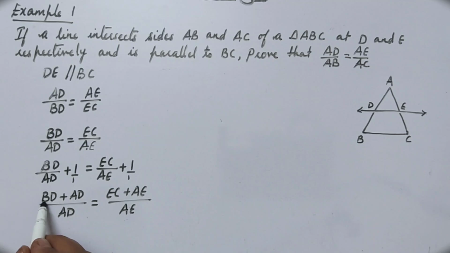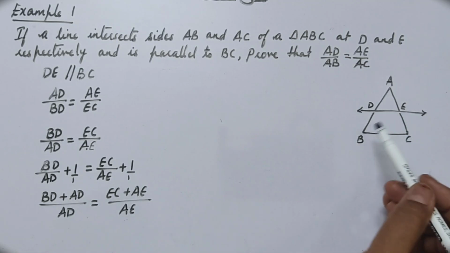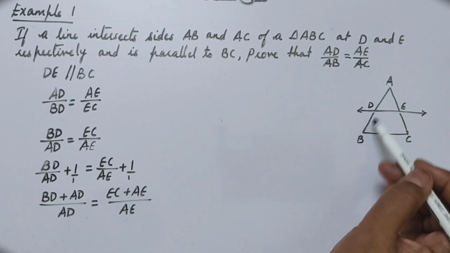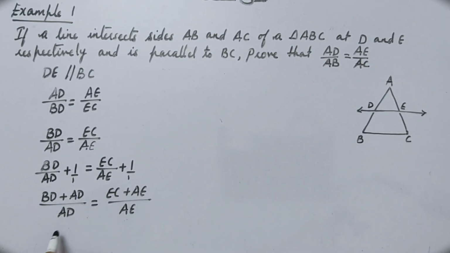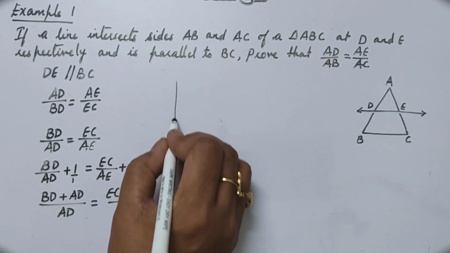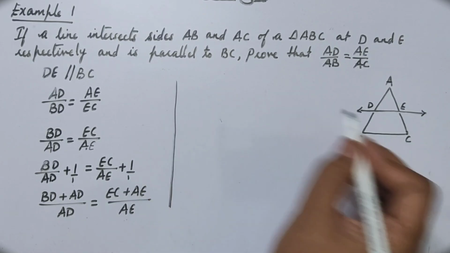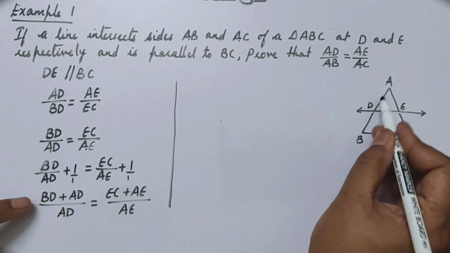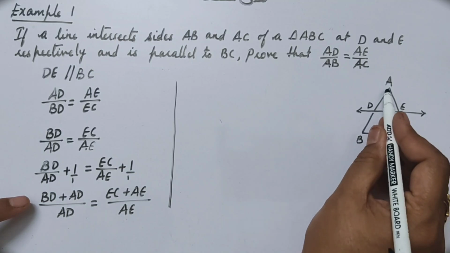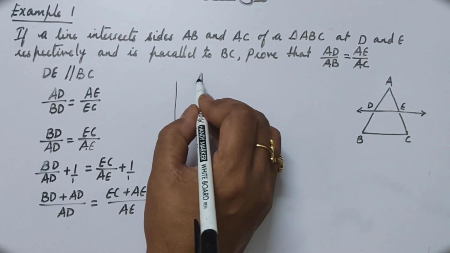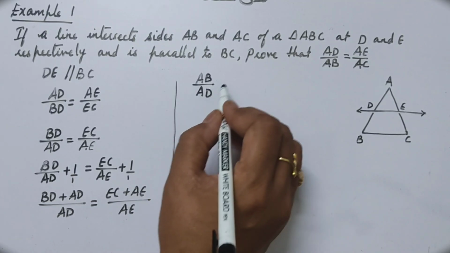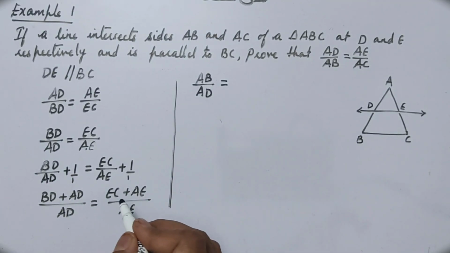Now you can see BD plus AD is a complete line. After adding we get AB, right, students? So I'll write it here. If I add BD plus AD, I am going to get the complete line AB. Denominator we have got AD.